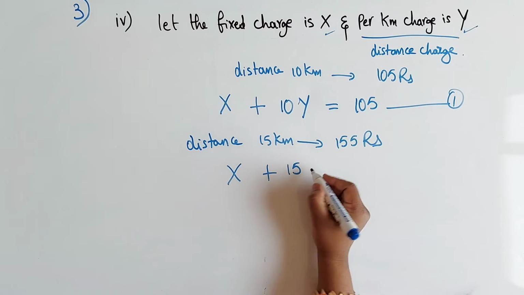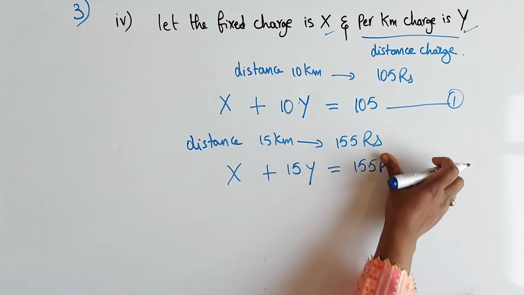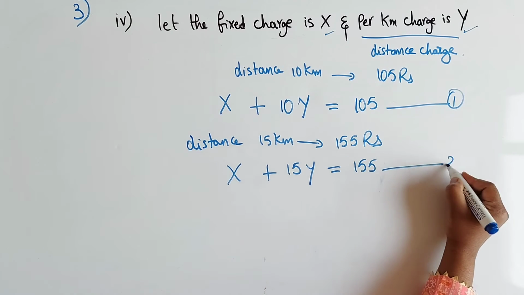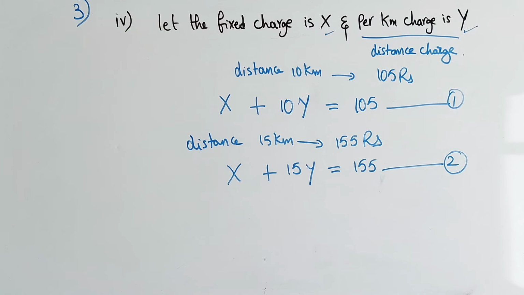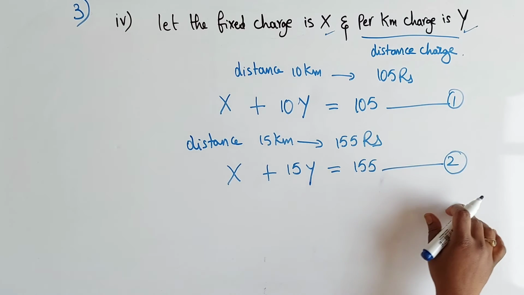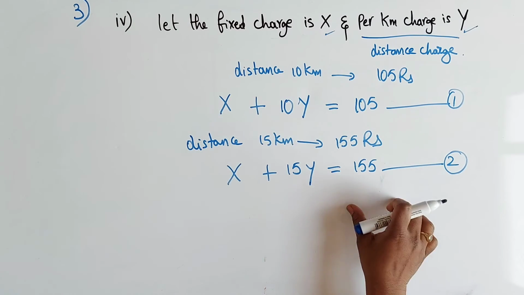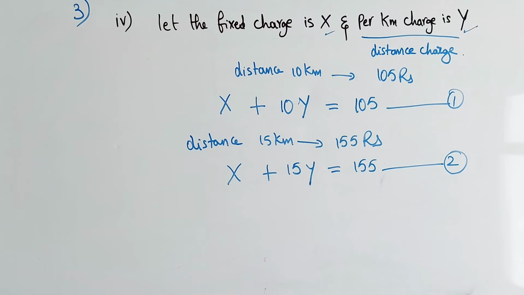Distance charge is 15 into y. That equals 155 rupees. This is equation 2, children. Right? Now we have two equations. As usual, by the substitution method, we have to find the x value, that is the fixed charge, and the y value, that is the per kilometer charge.